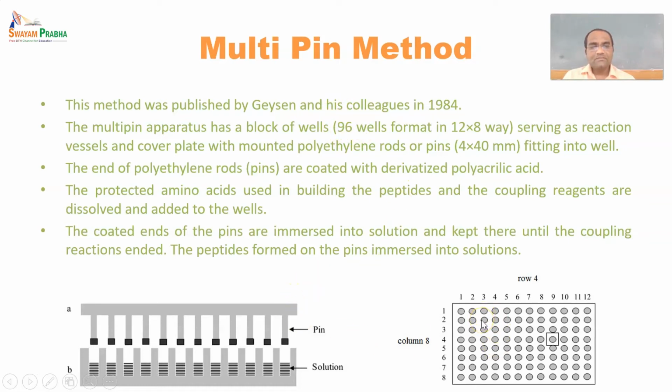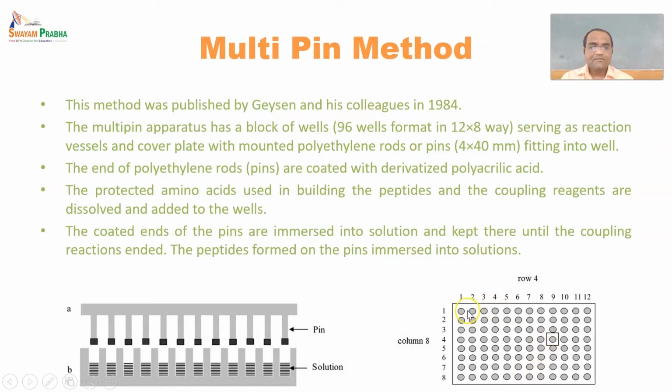In the conventional method, a chemist can synthesize only one compound at a time, but with this multi-pin method, 96 reactions can be carried out at the same time, and the product is not in the well, it is on the pin, and this pin will have the desired peptide which has been formed. So it is a very convenient way to synthesize compounds on a large scale, because 96 compounds are formed at a time.